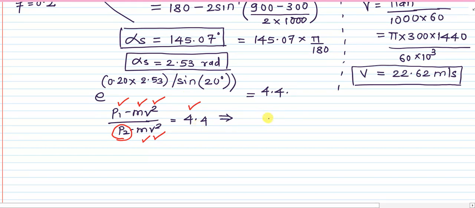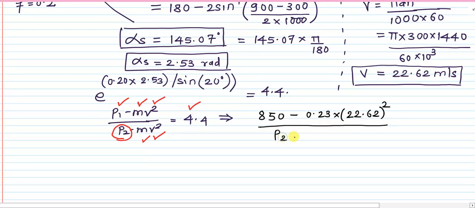So P1, which is specified as 850, minus m, mass is 0.23 kg per meter, velocity 22.62 squared, divided by P2, the unknown, minus again mass 0.23 kg per meter, velocity 22.62 squared, is equal to the exponential term on the right hand side, which is 4.4. Let us solve this.